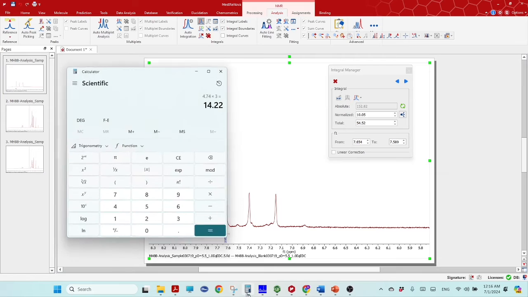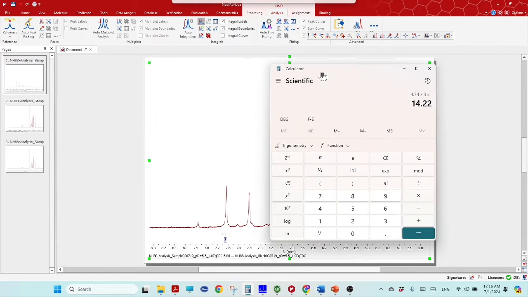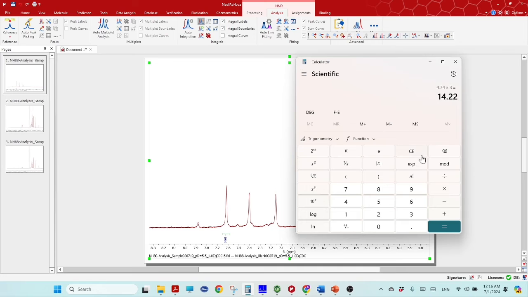So the integral value is 10.05, and it should be divided by 2 because this is for 2 protons. You get 5.025, times 3 for the internal standard's 3 protons, so you get 15.075. Originally I took this acid at 25 millimolar, but after some reaction it stays at about 15 millimolar.